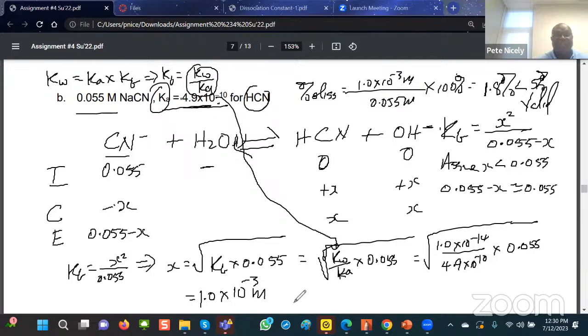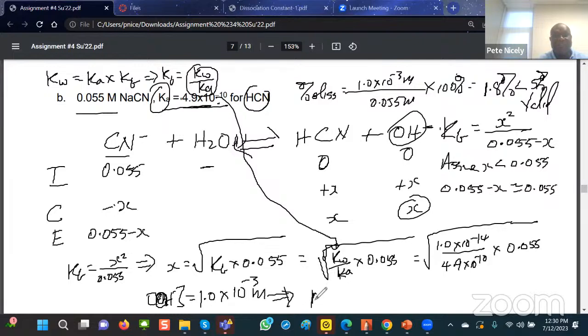So therefore, we can go ahead and use this as the concentration of OH minus because that's what the X here represents, the concentration of OH minus. So that means we can find the pOH.